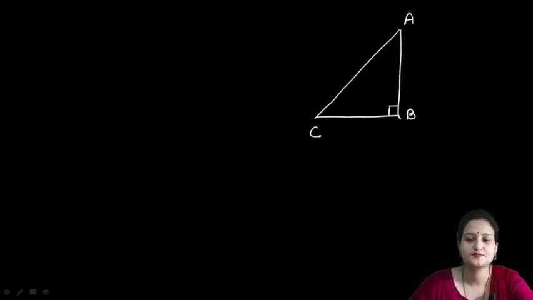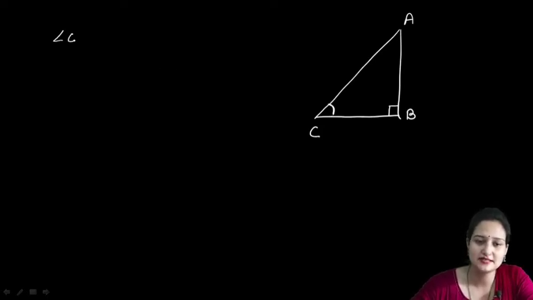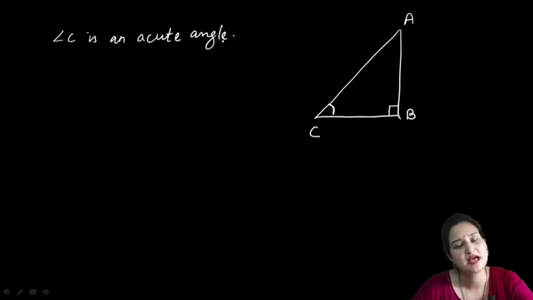Now next, we have to first find out the relationship between all sides with respect to angle C. This angle C is an acute angle.